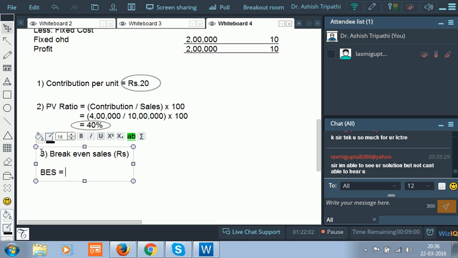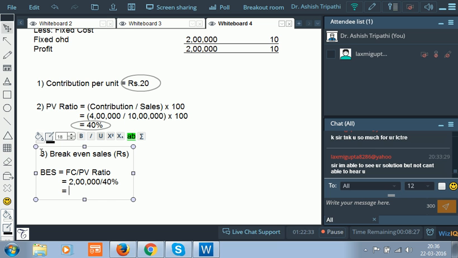Break-even sales is equal to fixed cost upon PV ratio. So let us calculate this. Fixed cost is 2 lakh divided by PV ratio is 40%.